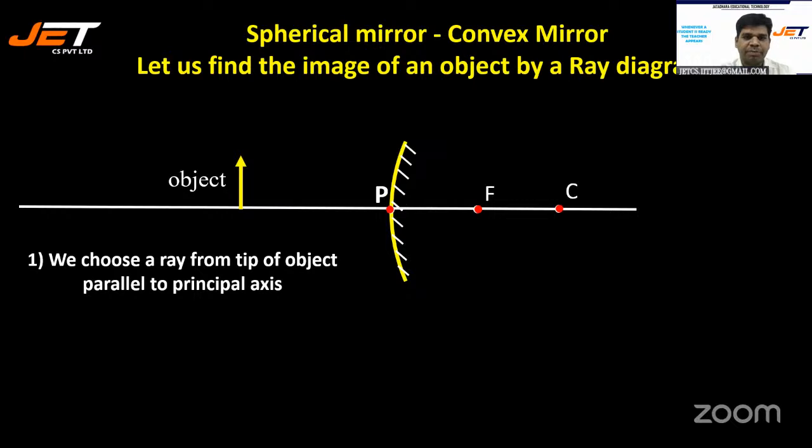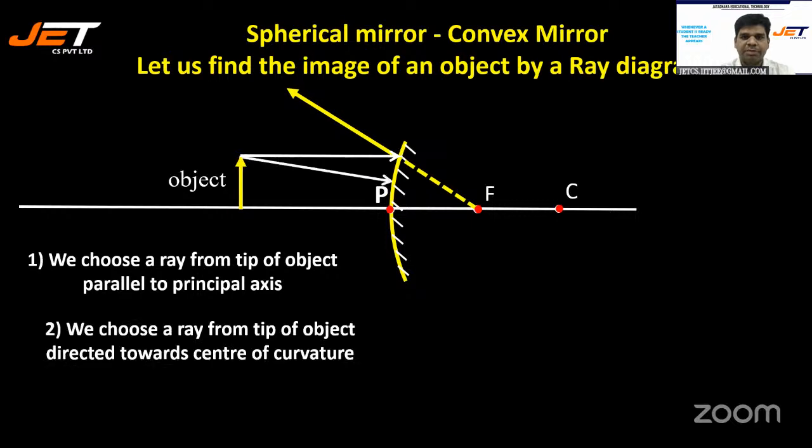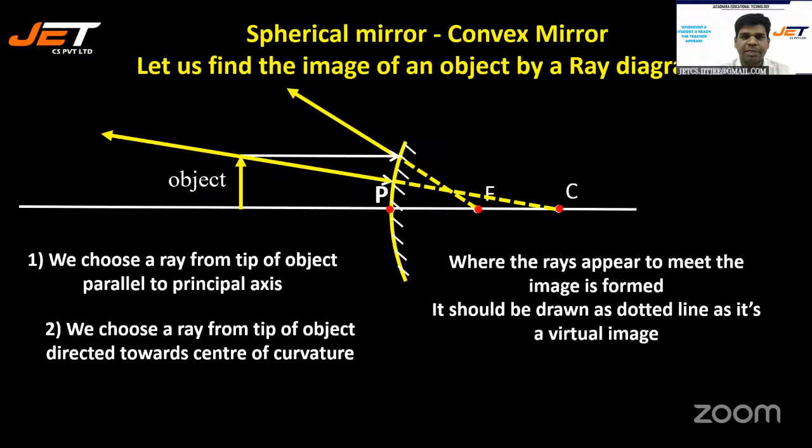We choose a ray from the tip of the object parallel to the principal axis. It gets reflected this way. Another ray directed at the center of curvature gets reflected and retraces the path. At the intersection of the dotted lines, where the rays appear to meet, the image is formed. It should be drawn as a dotted line as it's a virtual image. So the red dotted arrow is a virtual image.